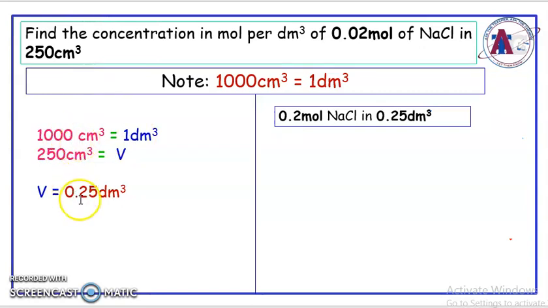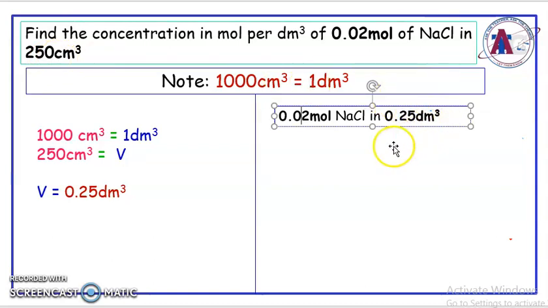This will give you 0.25 dm³. Now what this means is that we have 0.02 mole of sodium chloride in 0.25 dm³, because 250 cm³ means 0.25 dm³.